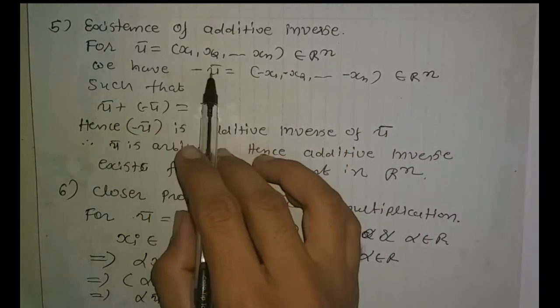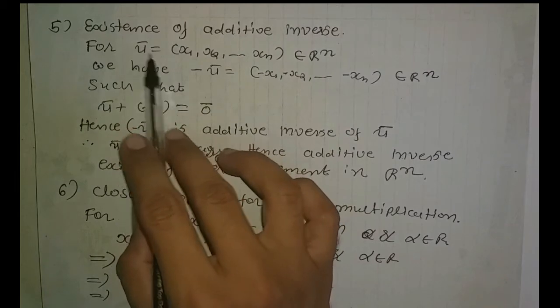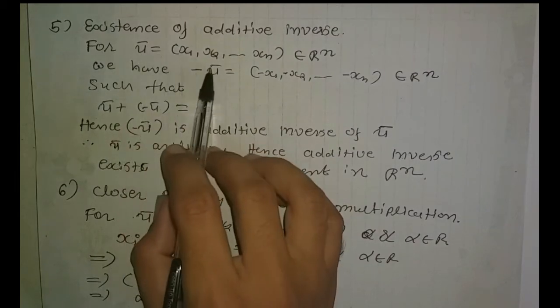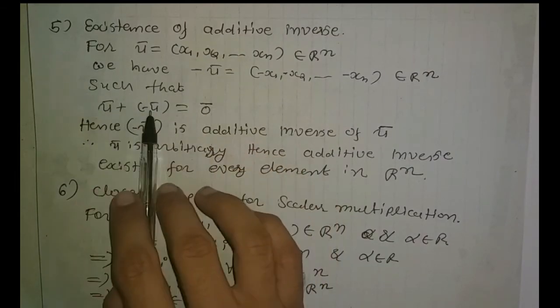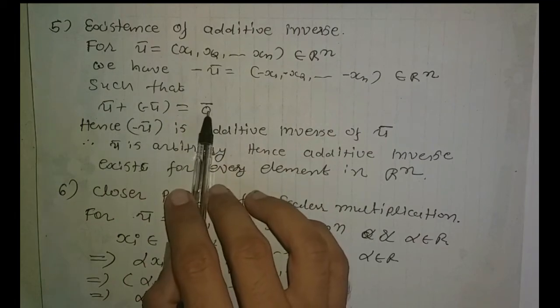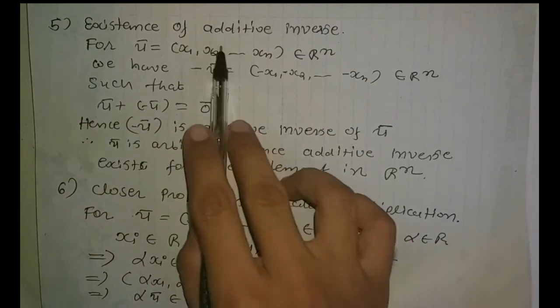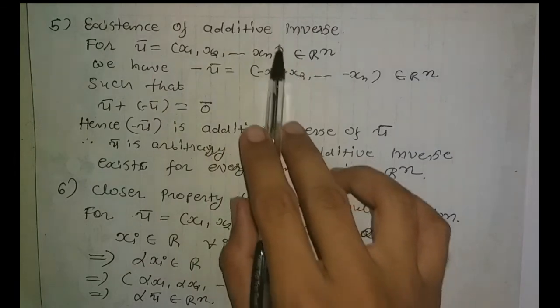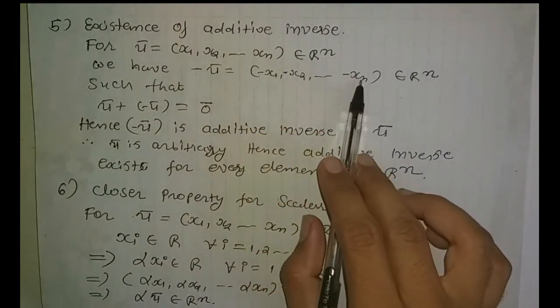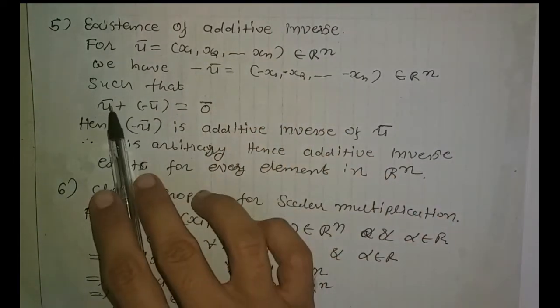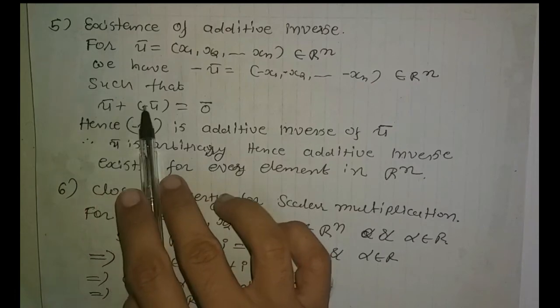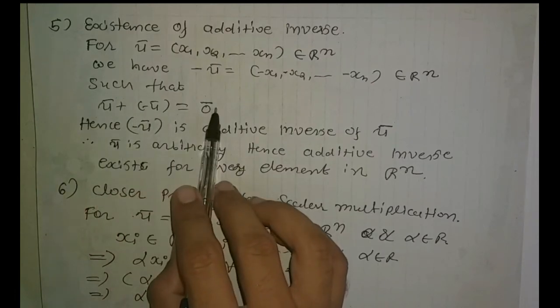Now when we take the vector addition of u bar and minus u bar, we get the zero vector, because x1 minus x1 is equal to 0, x2 minus x2 is equal to 0, and xn minus xn is also equal to 0. So the vector addition of u bar plus minus u bar is equal to the zero vector.